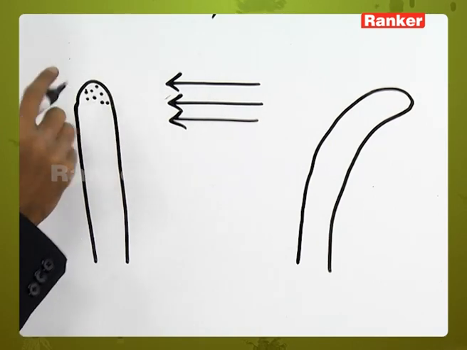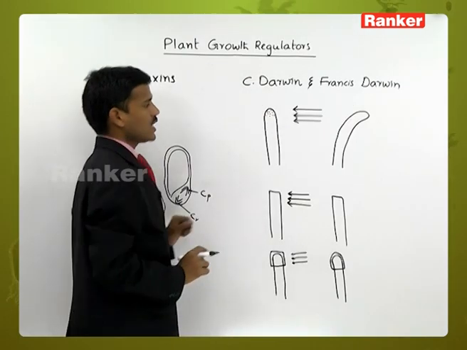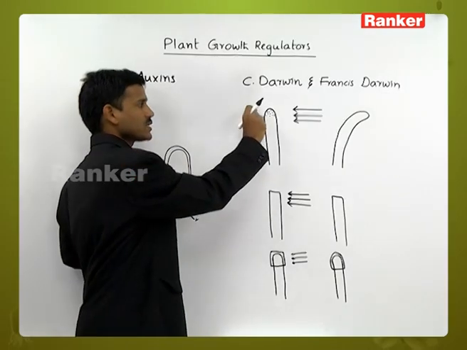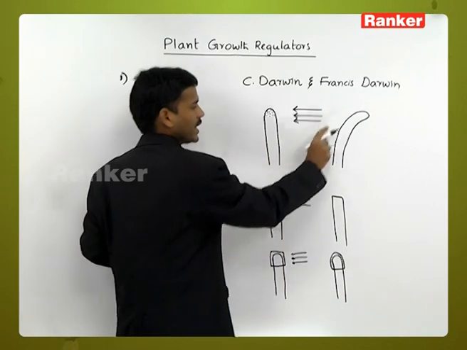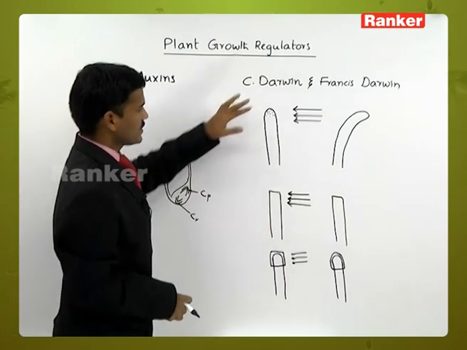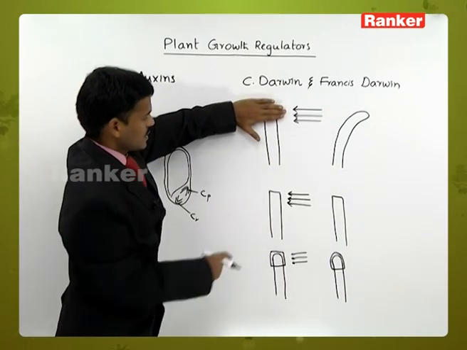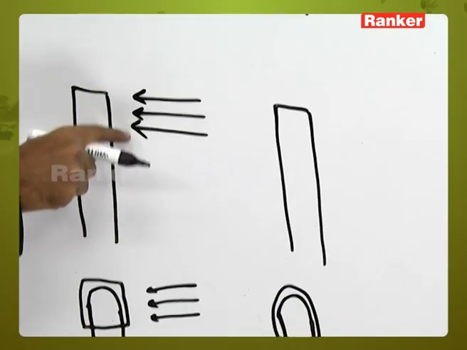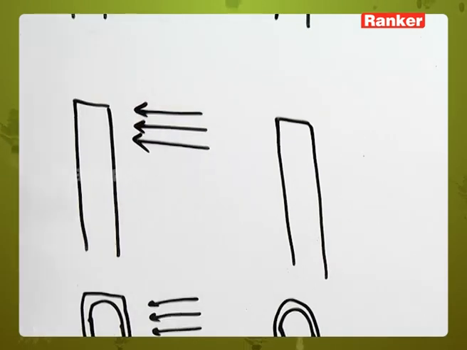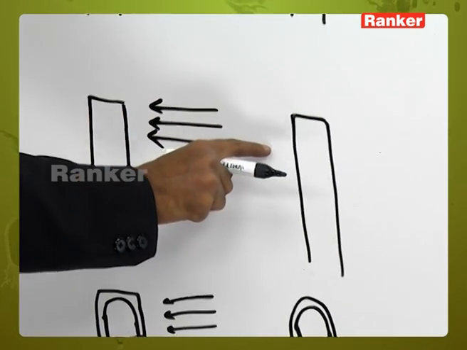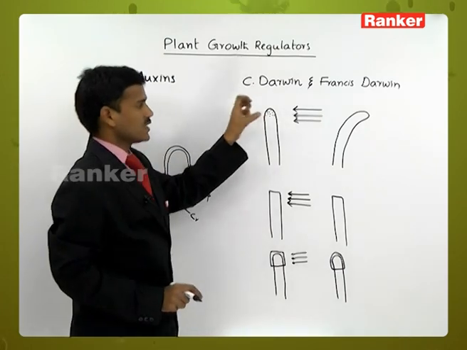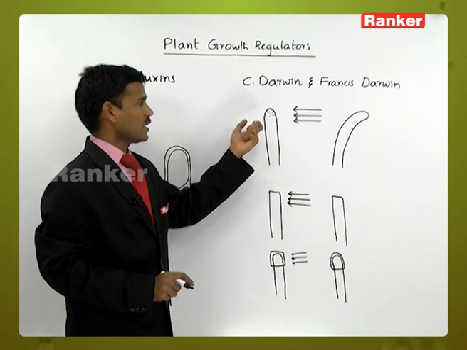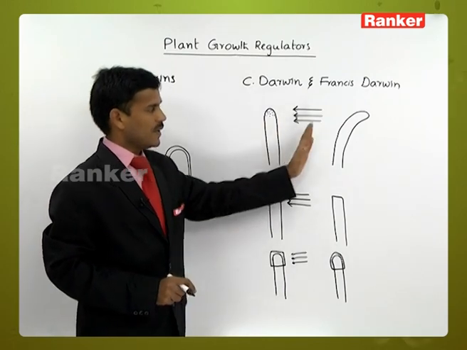So in the presence of light only, something is produced, and this chemical or component is responsible for the bending. When the tip is removed, it is also exposed to unilateral light, but no bending occurred. So the tip is receiving the light, and in the presence of light something is produced. That chemical or component is responsible for the bending.